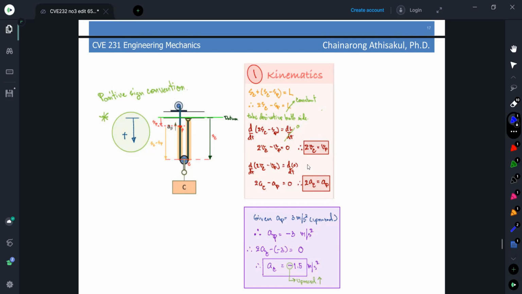From this picture, we set up the data here, and we have the point P over here, and then we have s_P and s_C. According to this, we can write the constraint equation: the length is equal to s_C plus s_C minus s_P. So it means that we have this length, s_C minus s_P plus s_C.